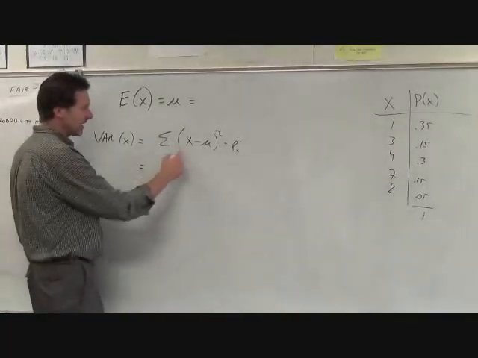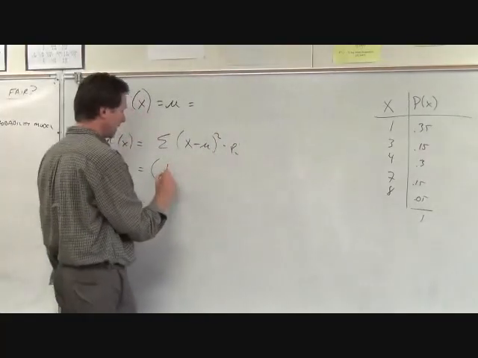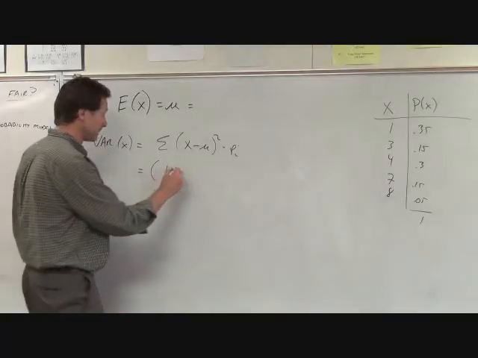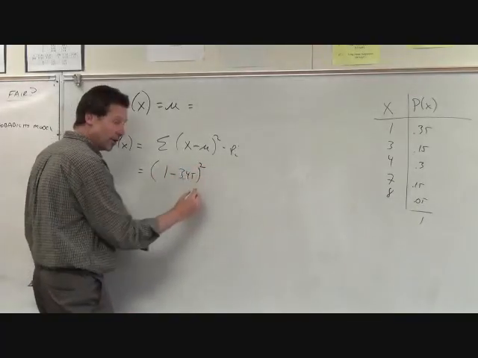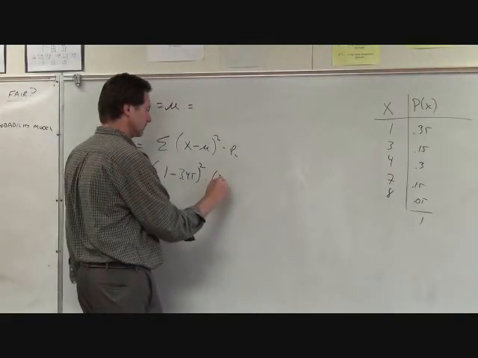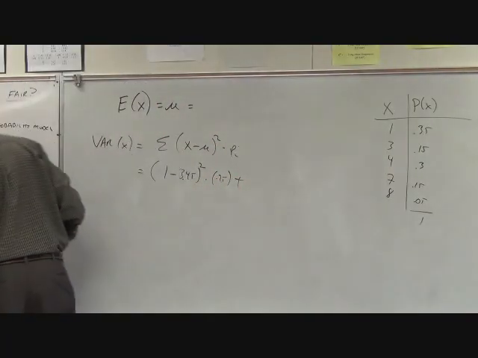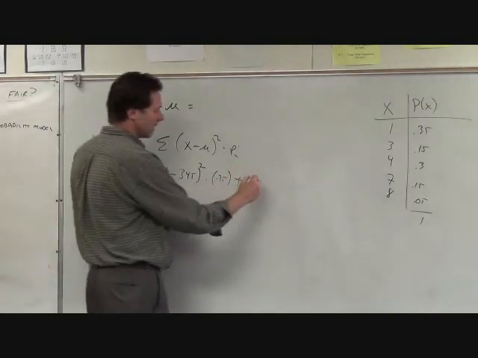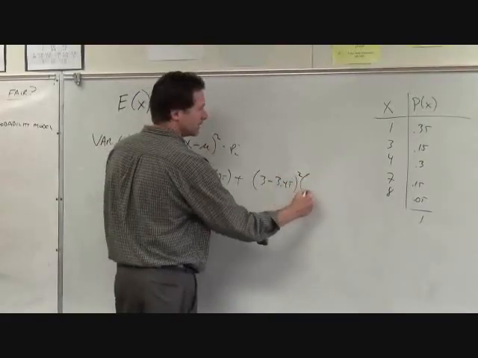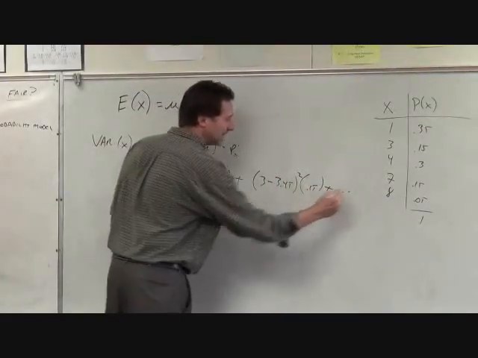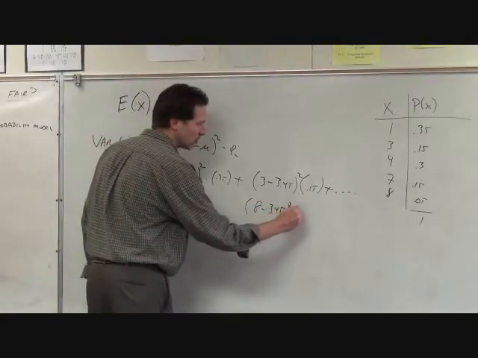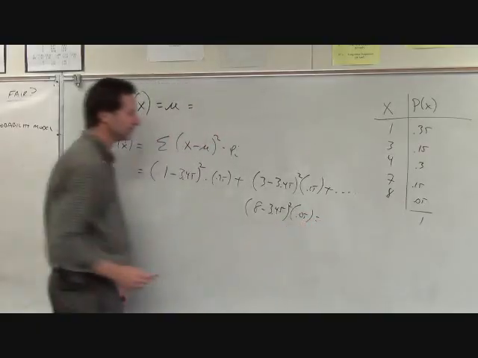So I take the number, that's the 1, minus the mean we calculated before, 3.45, squared, times the probability of it happening, 0.35. Plus, go to the next number, 3 minus 3.45 squared times 0.15. Plus, dot, dot, dot, the last one: 8 minus 3.45 squared times 0.05.